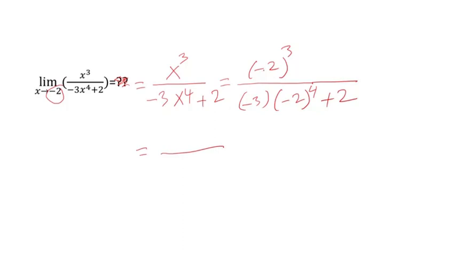Since I have a negative sign and an odd power, it's going to be negative. 2 to the power of 3 is 2 times 2 is 4, times 2 is 8. So negative 8. Then I have negative 3. Since I have a negative sign here and an even power, I know it's going to be positive, so plus, I'm not going to write it. 2 to the power of 4 is 16, plus 2.